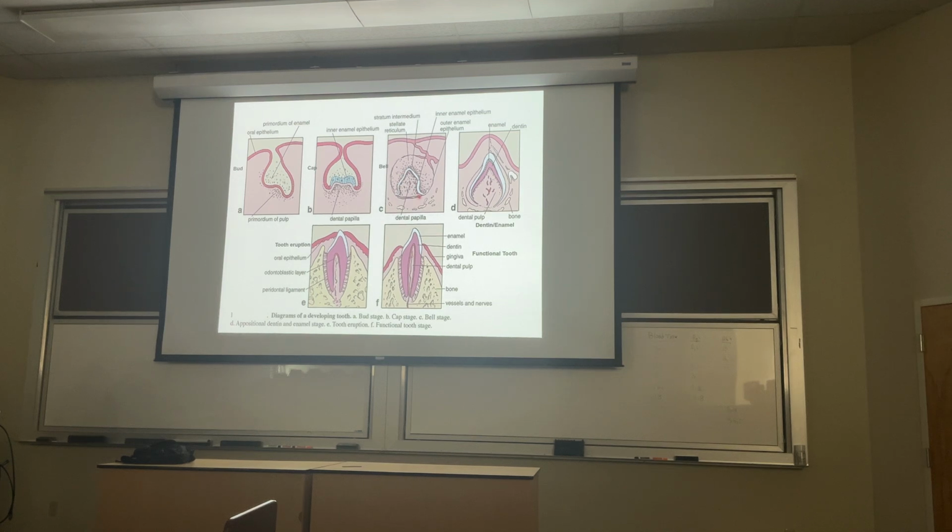Does that kind of look like a bell maybe? This is the bell stage. And then it gets to a little bit later stage. We might call this, starting about here, the erupting tooth. See how it's coming out of the gums, the gingiva here. And we'll see a couple of these layers, a couple of these stages.